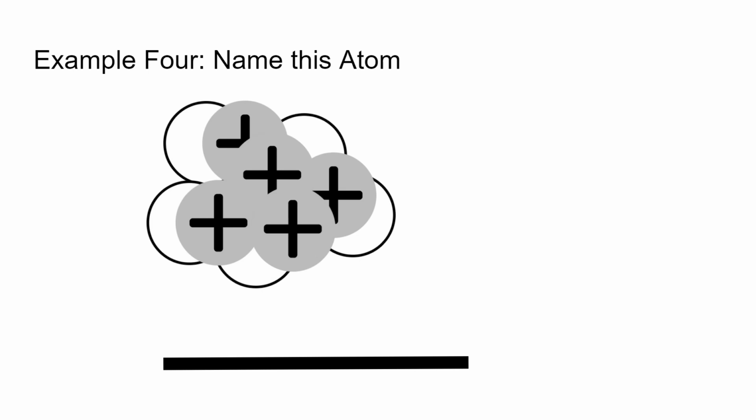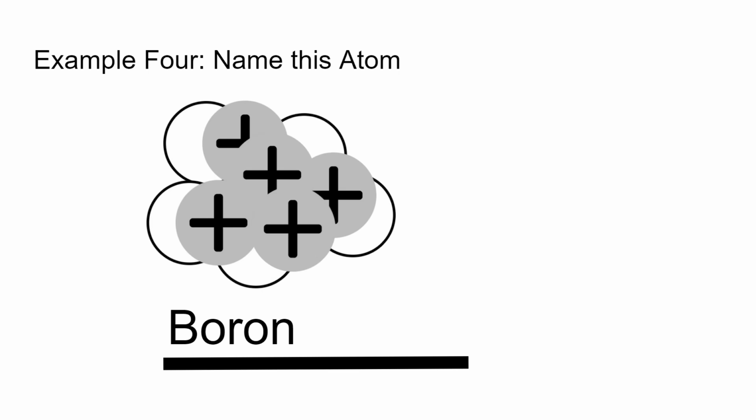Name this atom in your notebook. This atom has how many protons? 1, 2, 3, 4, 5. So take a look at the periodic table. What is the 5th element on the periodic table? It is boron.